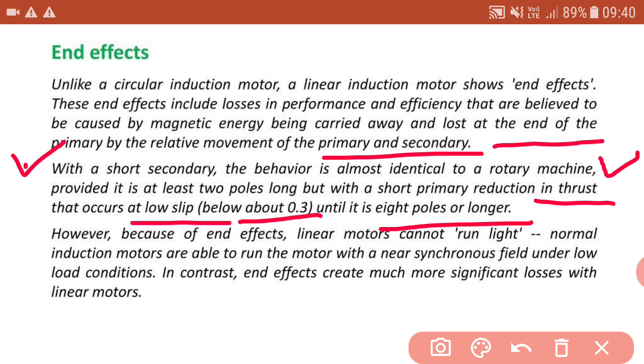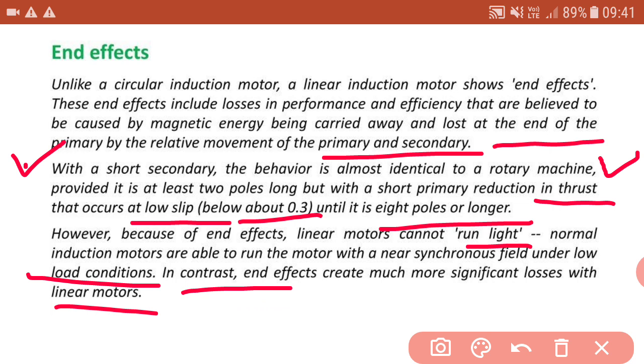However, because of end effects, linear motors cannot run light. Normal induction motors are able to run with a near synchronous field under low load conditions. In contrast, end effects create much more significant losses with linear motors.